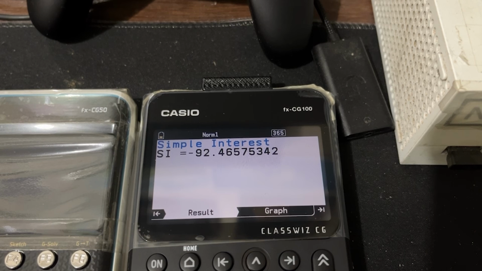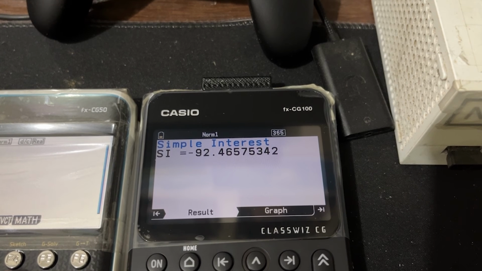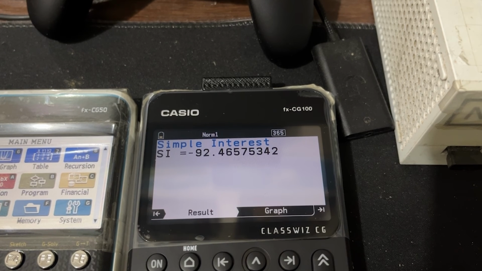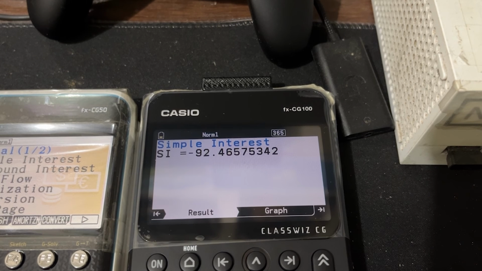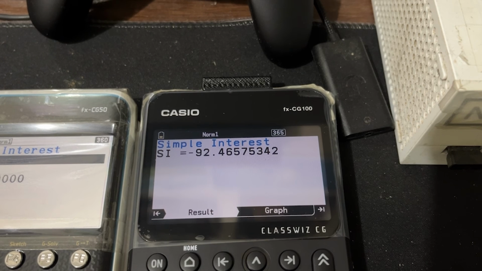So let's keep going. I'm gonna open these other calculators. Let's see. You get financials, simple, and let's see here.